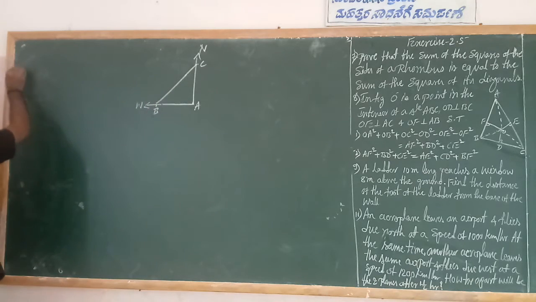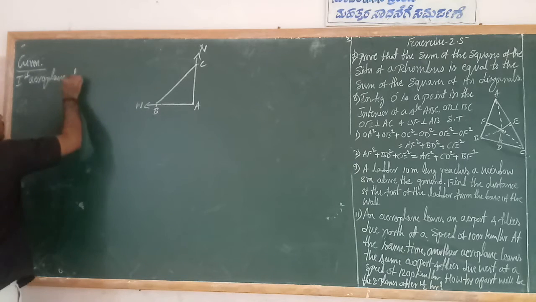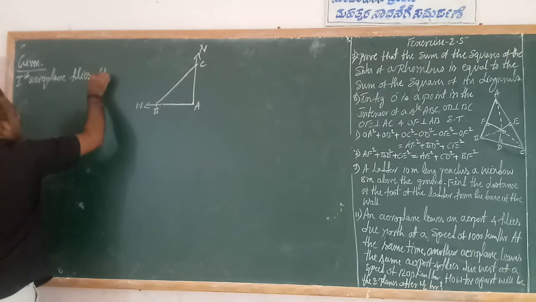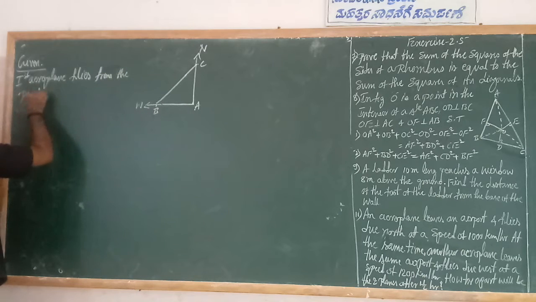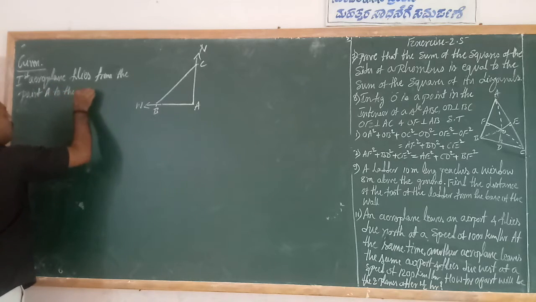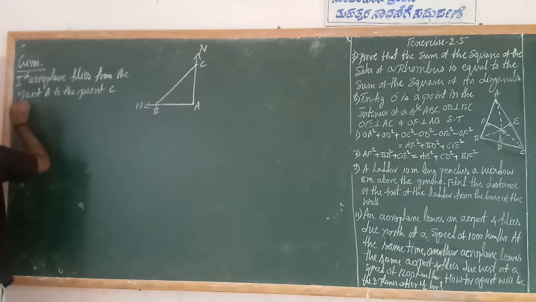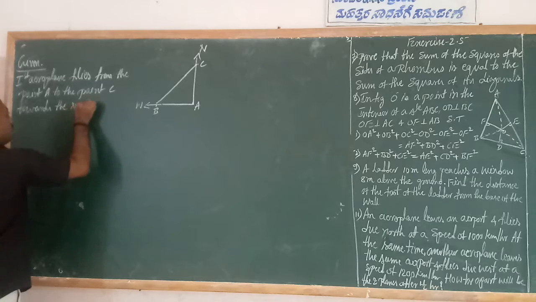See, first we want to write the given. The first aeroplane flies from the point A to the point C towards the north after 1.5 hours.